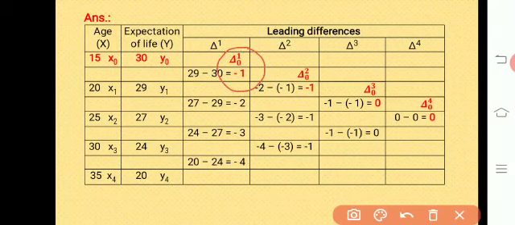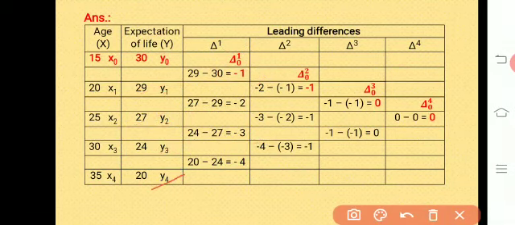Similarly, other values are y2 minus y1, which is 27 minus 29, which is minus 2. Then y3 minus y2 is 24 minus 27, which is minus 3.